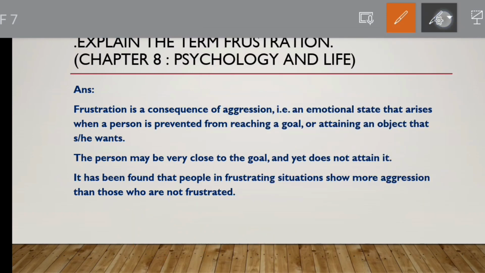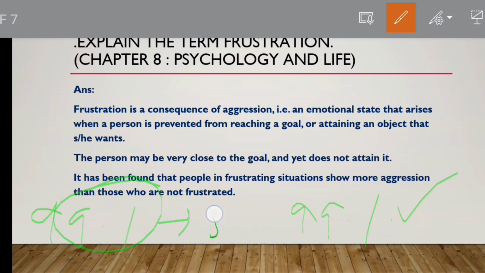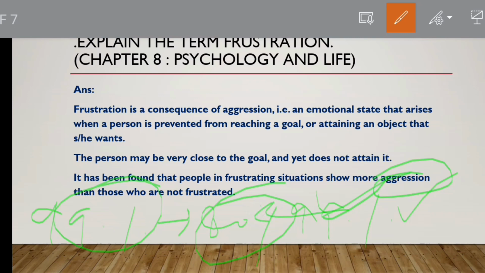Now one of your friends scored 99%, and he's very happy. And you, on the other hand, who prepared for 99%, score 80%. So obviously the person with 99% will be more happy and will not show any aggression. But you, who scored 80%, are very close to your goal and now you are very sad. So now you are very aggressive. Now that will turn into frustration.